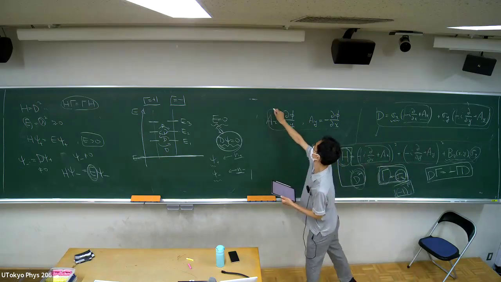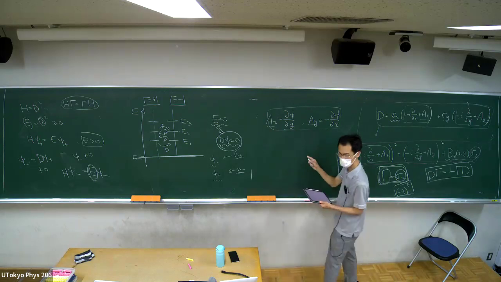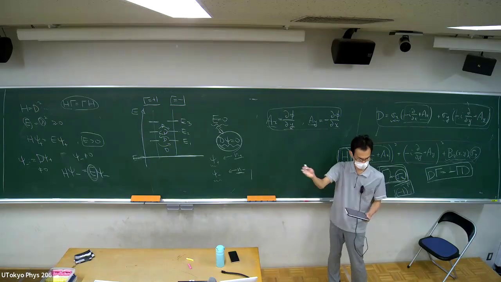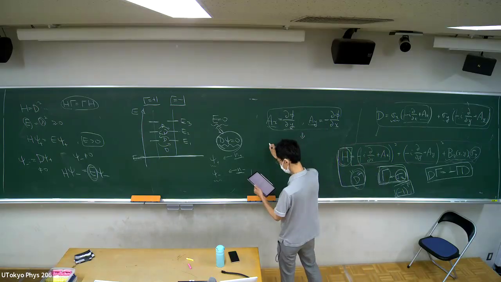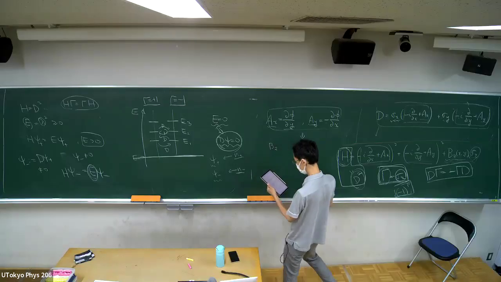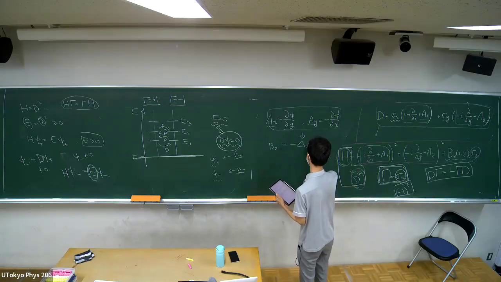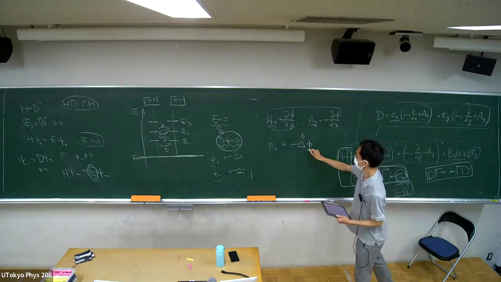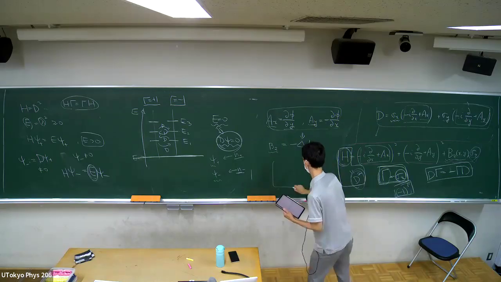So this says that A_x and A_y is the gradient of phi plus a 90 degree rotation. And from this, you see that B_xy, so B_z, is just minus the Laplacian of phi. So you can compute psi given the flux.